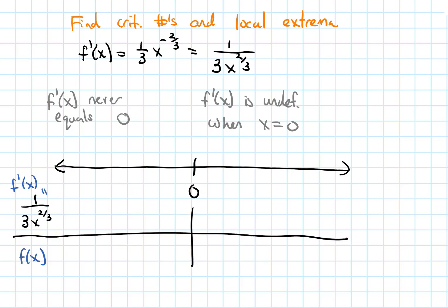Okay, so with this x to the 2/3, I want to notice that this means we are going to cube root the x and then raise that to the second power. So when we have this even power, this 2, because of that, our output can't be negative.